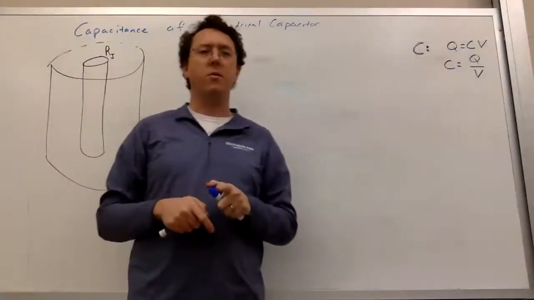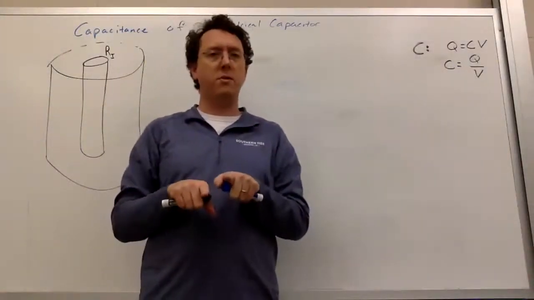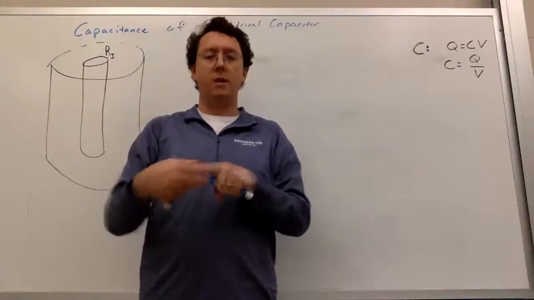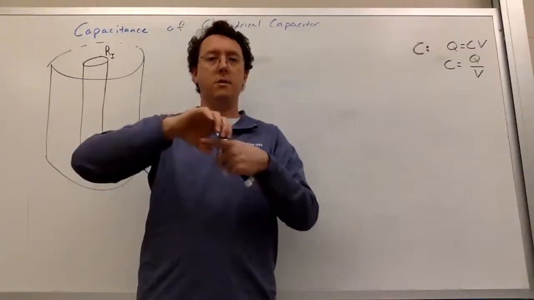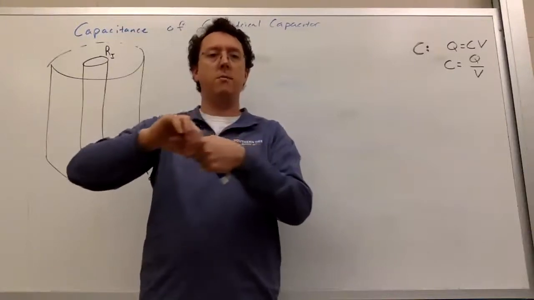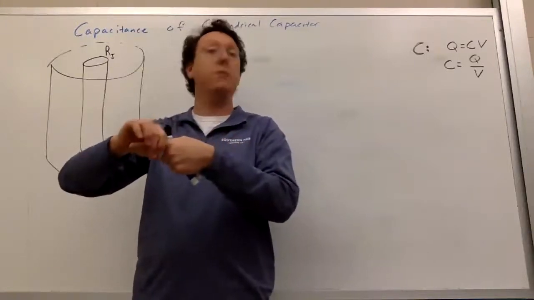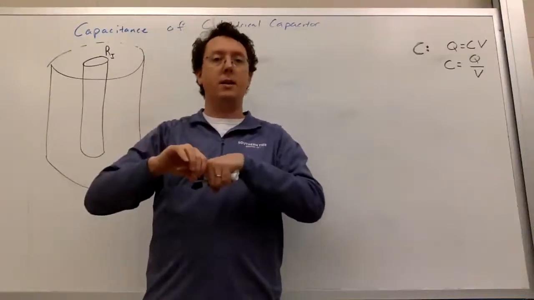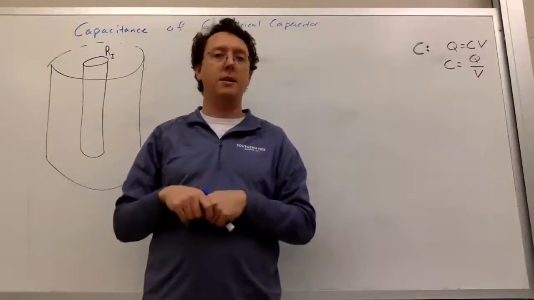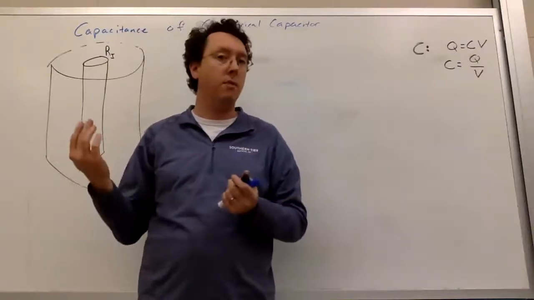You know, the old-fashioned cables that you would use for your television set would have a wire down the center, and then there was a cylindrical wire which surrounded it. It's a coax cable. So we would be calculating the capacitance in a coax cable, if you want.